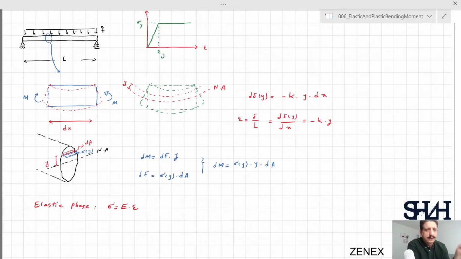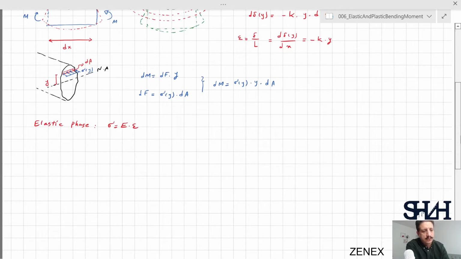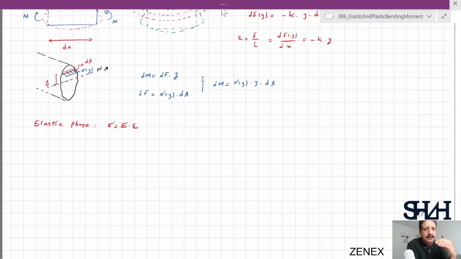In the other video, we had rods B, C, and D, and before they became plastic, we used the elastic equation for calculation of deformation or stress. So here also we can use sigma equals E epsilon if we are in the elastic phase. It means that none of the fibers inside the cross section would be in their plastic phase.